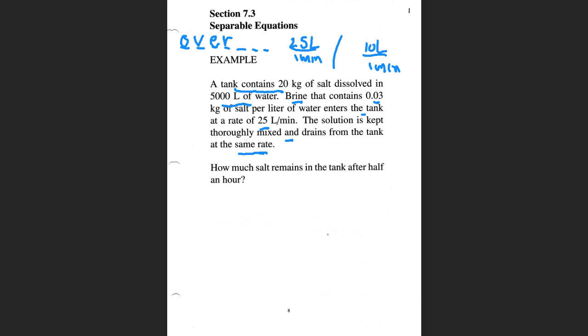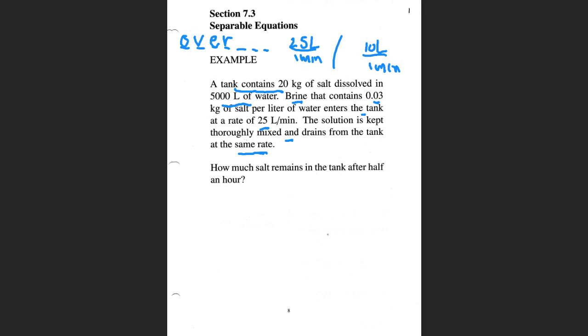Overflow. That's right, Dion. If the brine is flowing into the tank at a rate of 25 liters per minute, and we were to drain the tank at a slower rate, 10 liters per minute, eventually there would be overflow in the tank. So you can't have that.